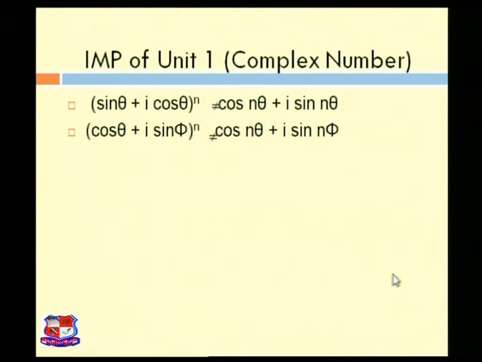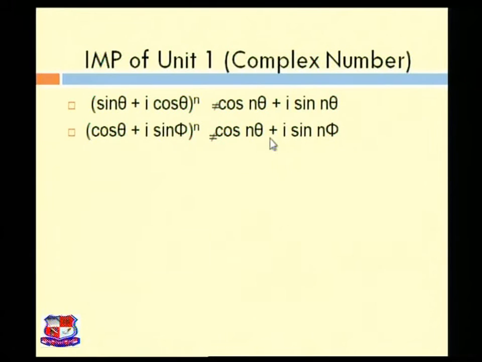Then we can easily write cos theta 1 minus theta 2 plus i sin theta 1 minus theta 2. But in this case, the theorem does not apply when it is sin theta plus i cos theta. So we cannot write cos n theta plus i sin n theta, or if sin theta plus i cos theta raised to n, that does not equal cos n theta plus i sin n theta.